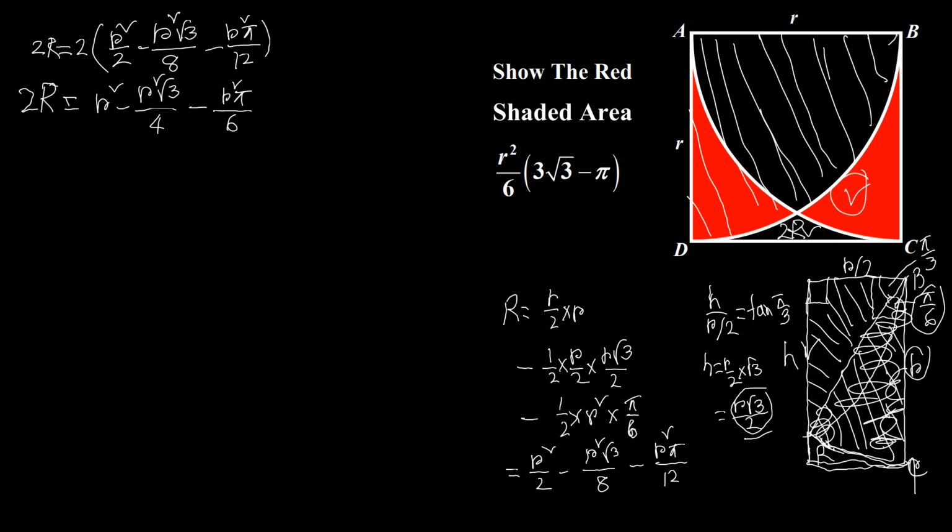So half of the red portion we can write here, half of the red portion we will get from the square, means r square minus 1 quadrant, which is pi r square by 4, minus this twice r.